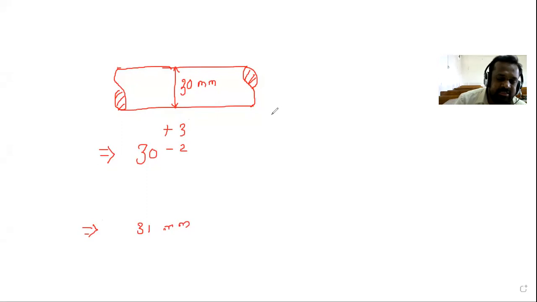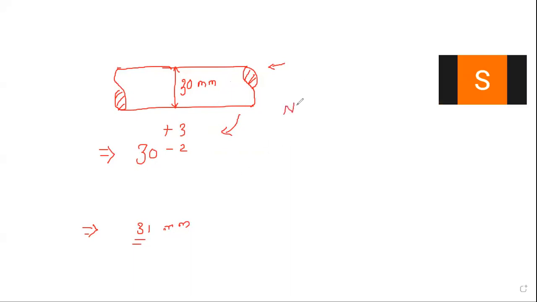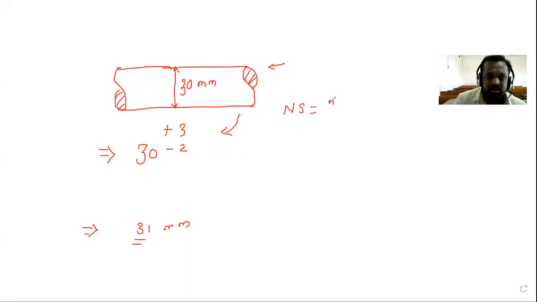Then tell me now, just try to understand this example. Suppose we have to manufacture this shaft. This is the drawing of that shaft, and in that drawing the size shown is 30 mm. Again we have added the tolerance, or the limit, to that size, and after manufacturing we have got the exact size of that shaft, 30 mm. Then tell me, what is the nominal size here? Yes, 30. The nominal size is 30 mm.